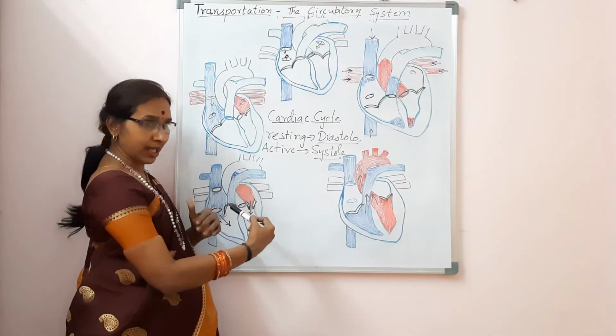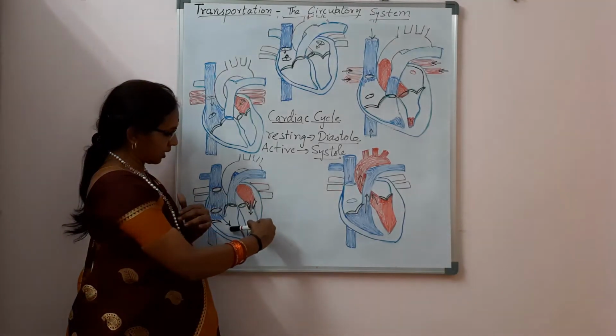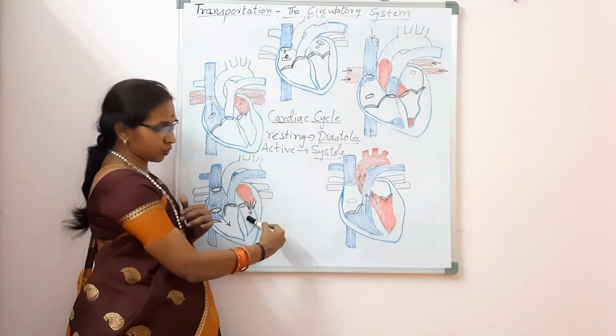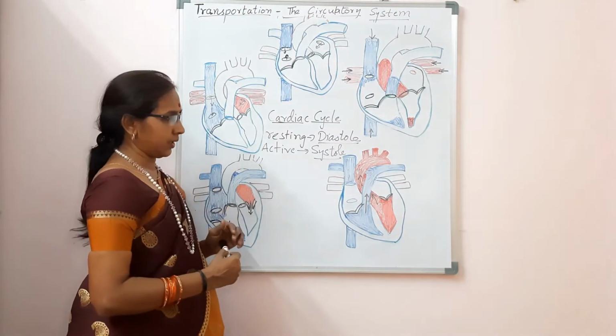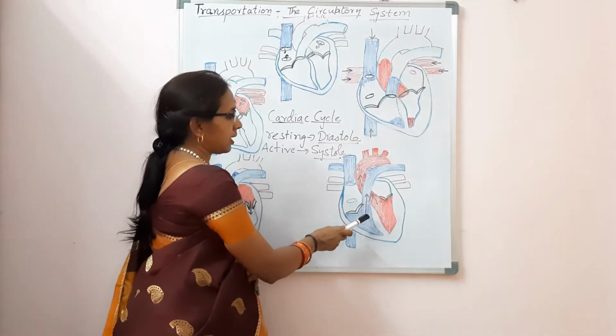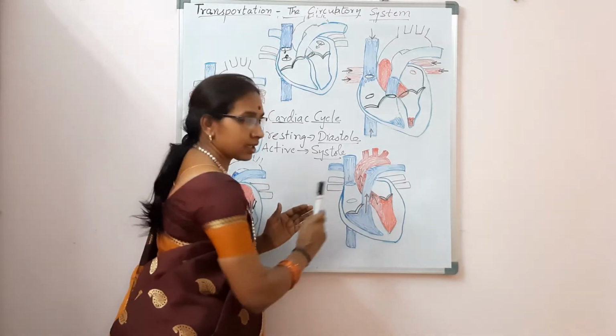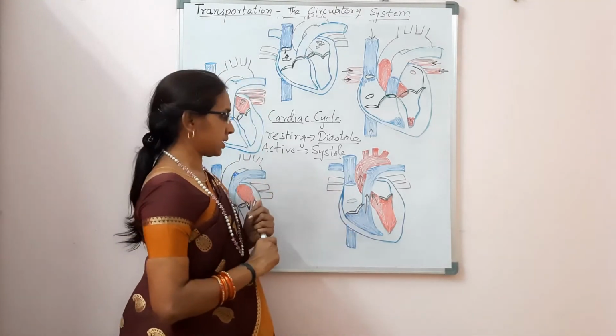Both happen simultaneously. Both the apertures are open. In the next stage, the third stage, you will see that the right ventricle is filled with the impure blood and the left ventricle is filled with the pure, oxygenated blood.